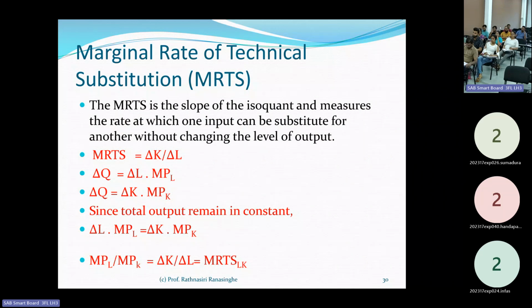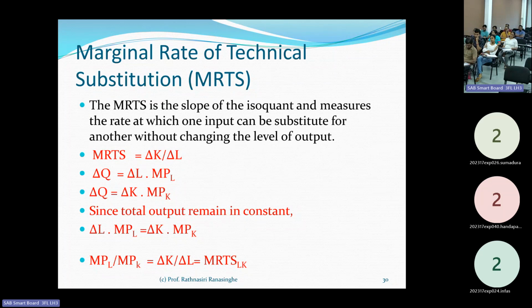If you rearrange this, the change in output is delta L times the marginal productivity of labor, MPL. So delta Q equals delta L times MPL. In the same way, with respect to a change in capital, delta Q equals delta K times the marginal productivity of capital.